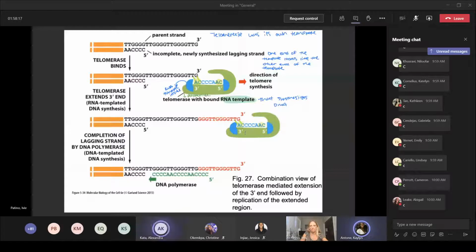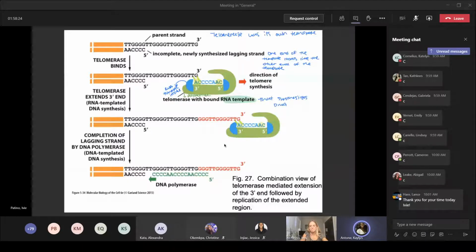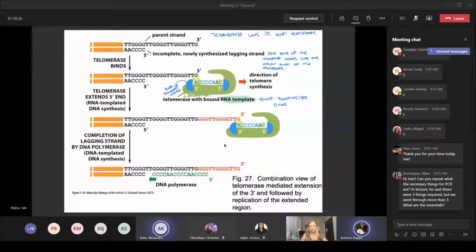So telomerase just kind of sits on the template strand with RNA nucleotides in it, and then polymerase just goes over telomerase? No, it has its own RNA template, but it acts as a polymerase. So it uses that template to synthesize DNA segments. Okay, that makes sense. Thanks.